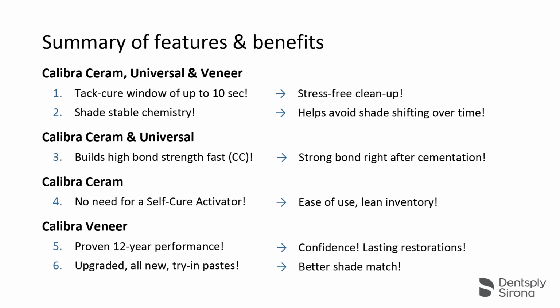Calibra Ceram and Universal build high bond strength fast, which is especially relevant when used in self-cure mode. Thanks to its innovative formulation, Calibra Ceram can be used without a self-cure activator. Calibra Veneer has provided proven clinical performance for more than a decade. Don't forget about the upgraded, all-new Try-In Pastes.